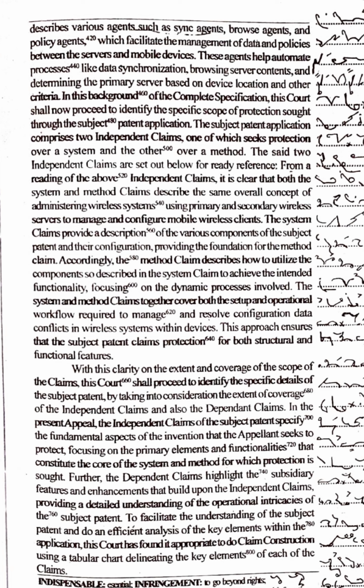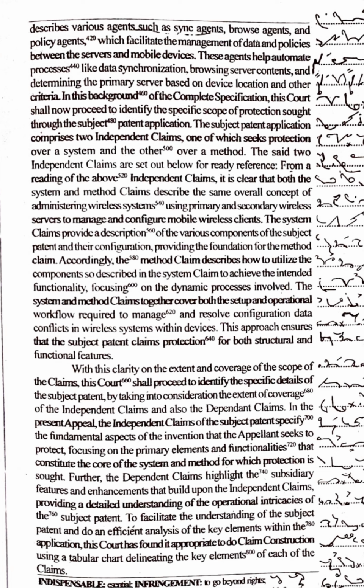These agents help automate processes like data synchronization, browsing server contents, and determining the primary server based on device location and other criteria. In this background of the complete specification, this court shall now proceed to identify the specific scope of protection sought through the subject patent application.